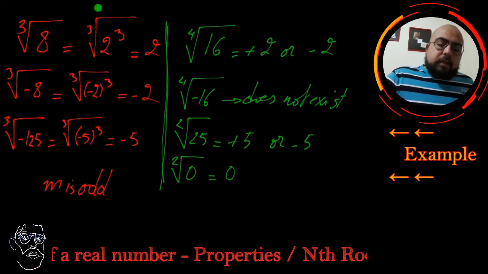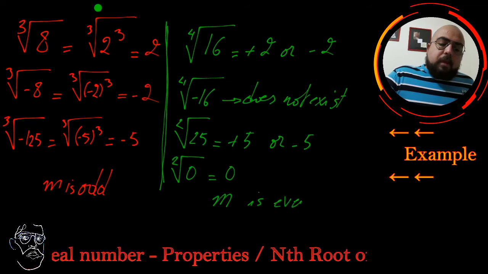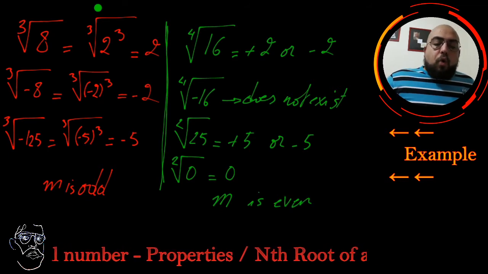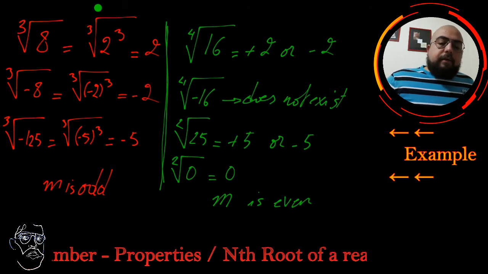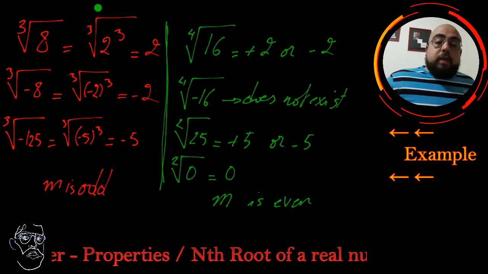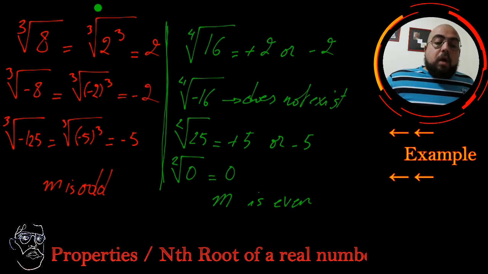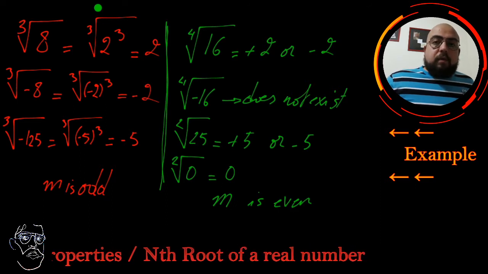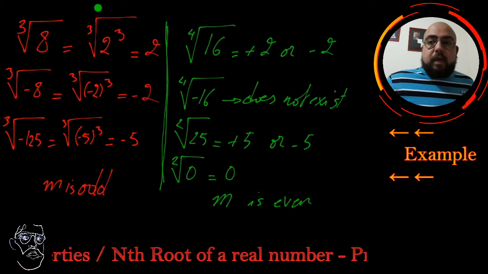So in this case, we're taking when m is even. I have two choices. When the number that I have below the root is positive, you will have two real roots. And in case it was negative, you will have no real roots, or you can simply say it does not exist.